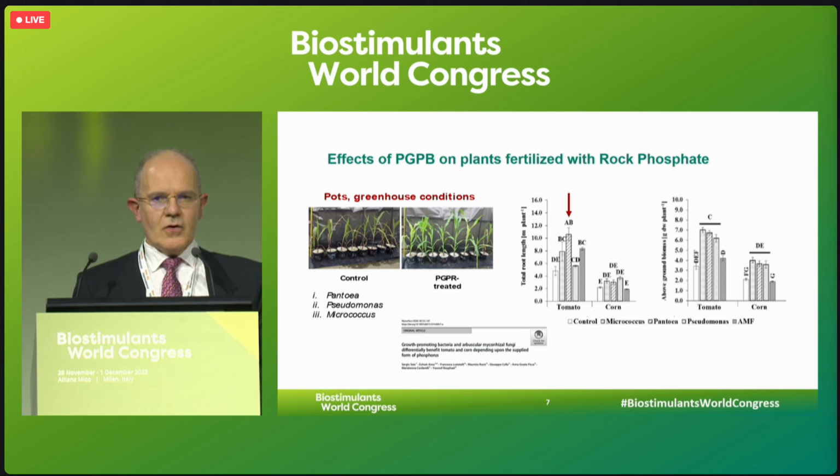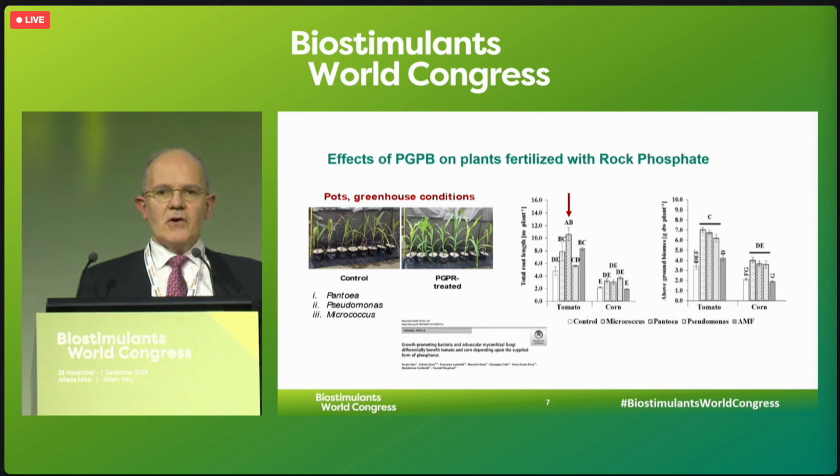We used corn and tomato, and we treated them with this strain, alone or in combination, to demonstrate that the ability to solubilize phosphate was valuable for the plant, increasing total root length and above ground biomass.